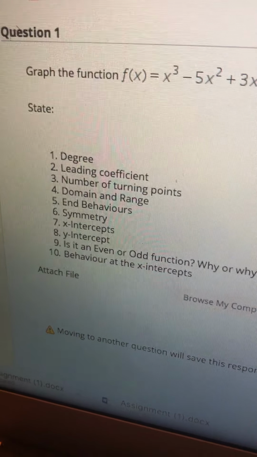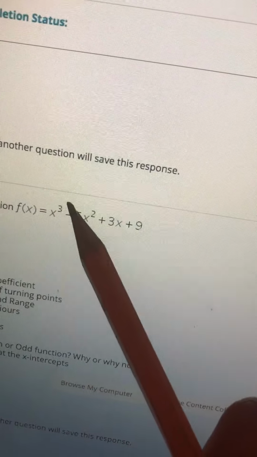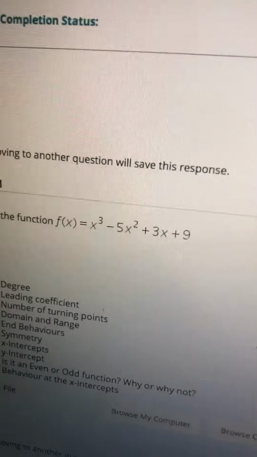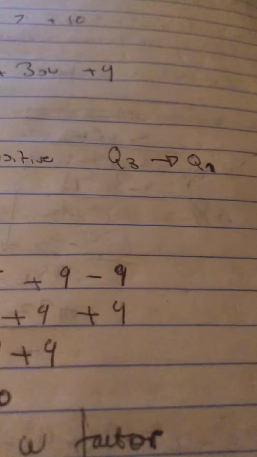The next thing we need to know would be the degree and the leading coefficient, which is also asked for in parts 1 and 2. We see here already that the degree is going to be the power of 3 and the leading coefficient is positive 1. So because the degree is odd and it has a positive leading coefficient, the end behavior would be from Q3 to Q1.